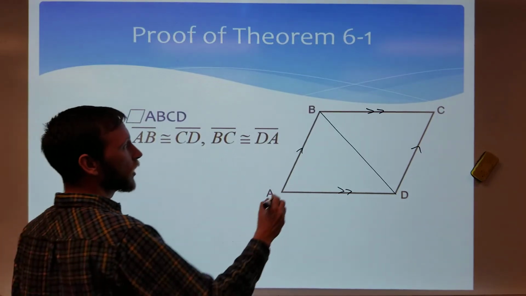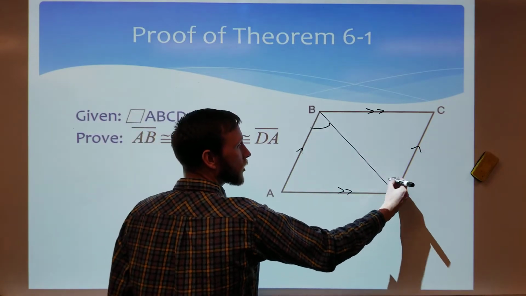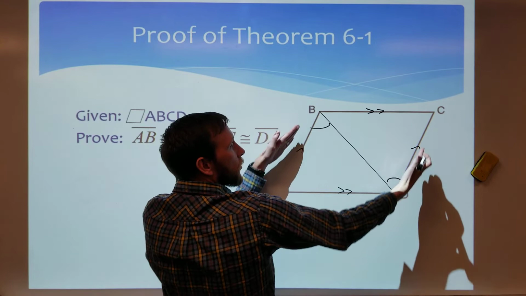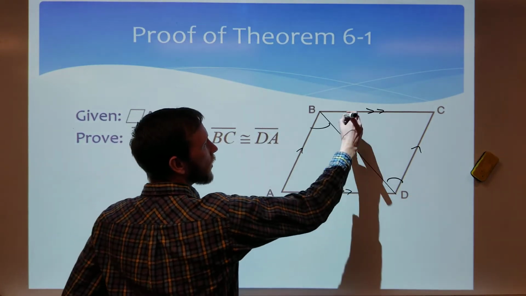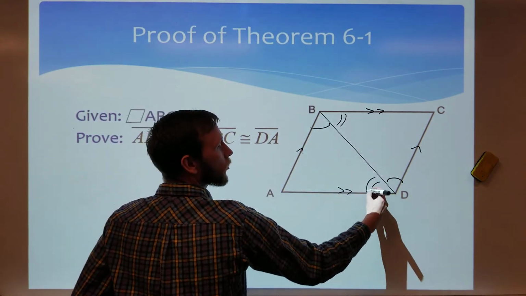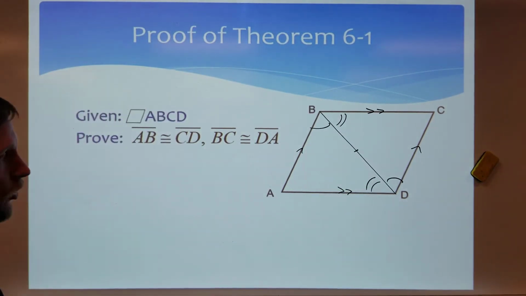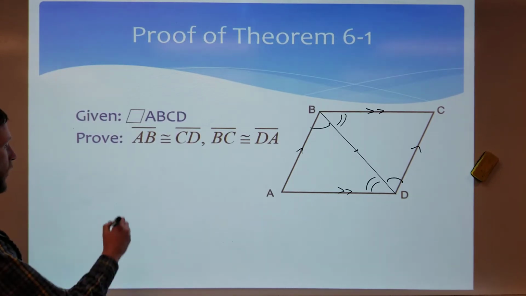Essentially what we will do is show that these alternate interior angles on alternate sides of the transversal between these parallel lines are congruent, and then therefore this reflexive side also being congruent means that these triangles are congruent. All right. So our proof here is a little angle side angle.